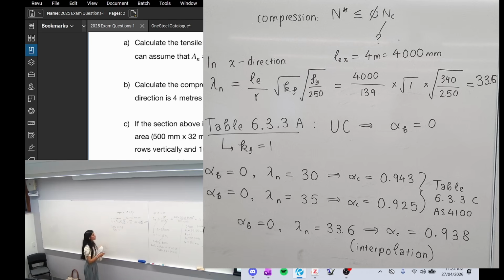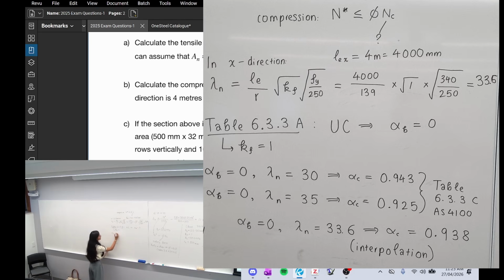Before I told you there are two separate tables: one is for KF equal to 1, one is for KF smaller than 1. Before we used the one for smaller, this time we're going to use the one for equals. The type of section is a universal column, and from the table you can just read off that alpha B is equal to 0. So now we have our slenderness and our alpha B.